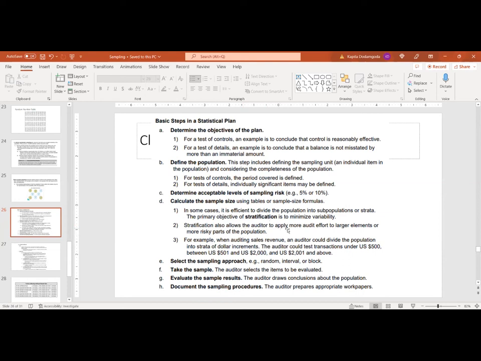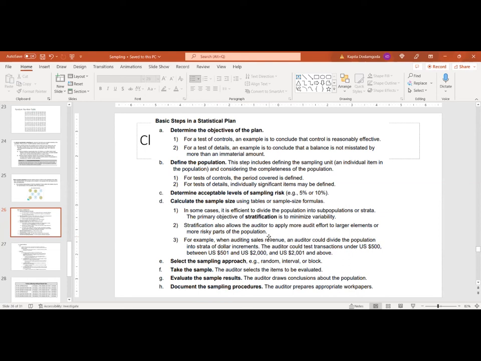Stratification also allows the auditor to apply more audit effort to larger elements or more risky parts of the population. If you have to be equally representative, you can do that. On the other hand, once you stratify, if a particular stratum is more significant for your study, then you can focus more on the more important stratified segment. That is what it means.